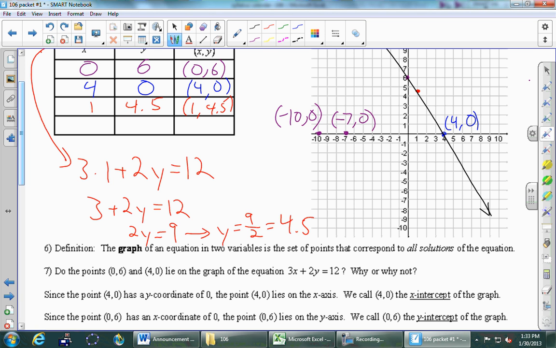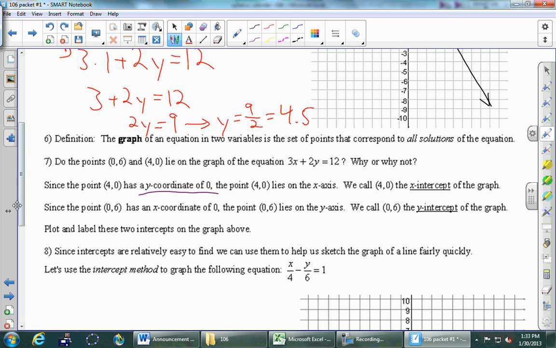So this is nothing specific about this particular line. If you are on the x-axis, the y coordinate is 0. That is a fact. So anytime, this is what Glenn read to us here, anytime you are looking at a point where the y coordinate is 0, you're looking at the x-intercept, okay? And then it goes the other direction too. Can we come up here to Adam for the second since?